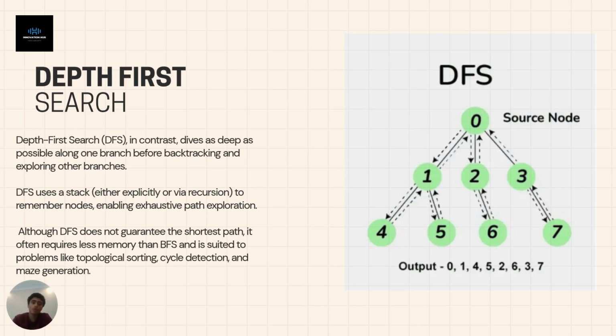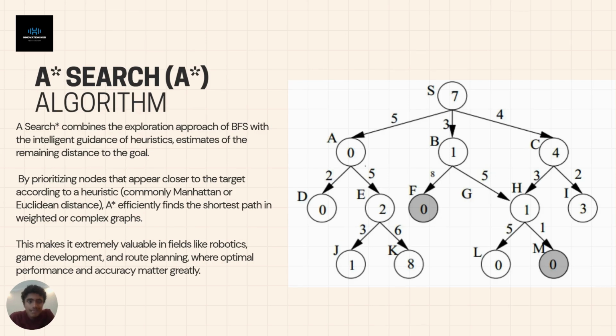So from 4 it backtracks to 1, and this process continues until the goal node is found or all nodes have been explored. This type of algorithm is often implemented using a stack data structure or recursion, which naturally supports the deep exploration process and the backtracking process.